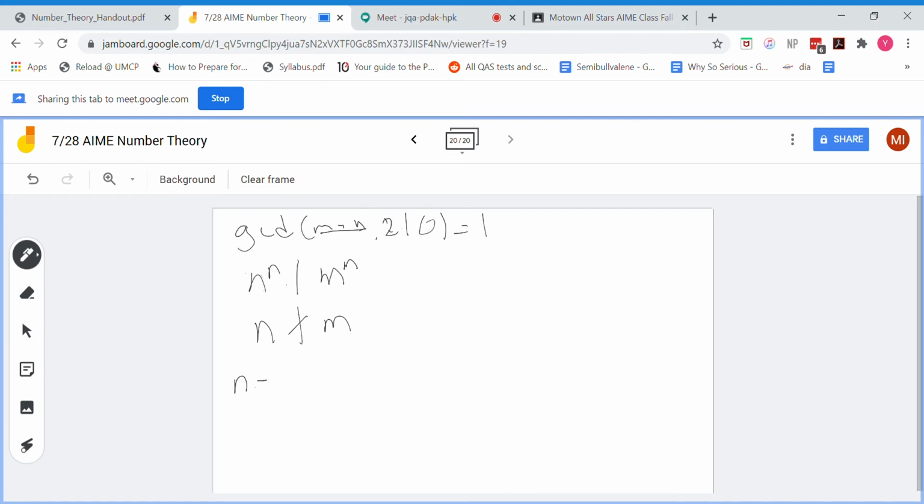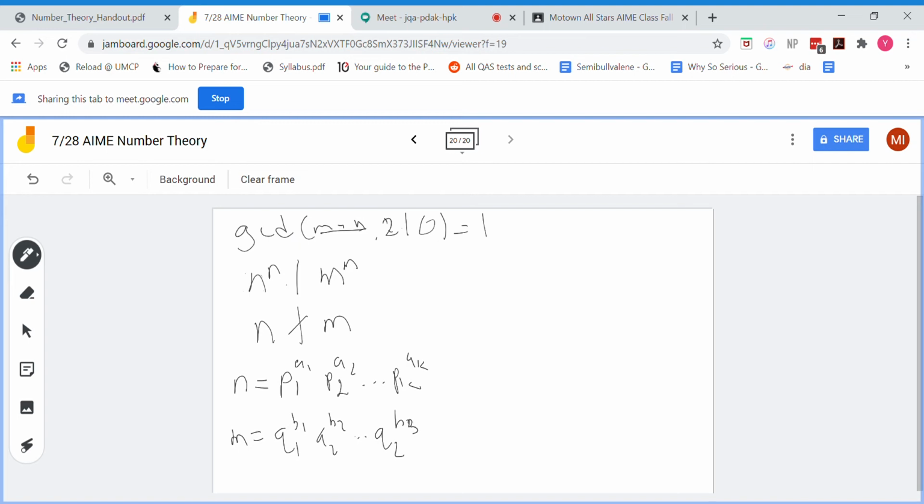So let's suppose n equals a general prime factorization, which I always write as p1 to the power of a1, p2 to the power of a2, all the way to pk to the power of ak. And m equals, call this q1 to the power of b1, q2 to the power of b2, and so on, right?